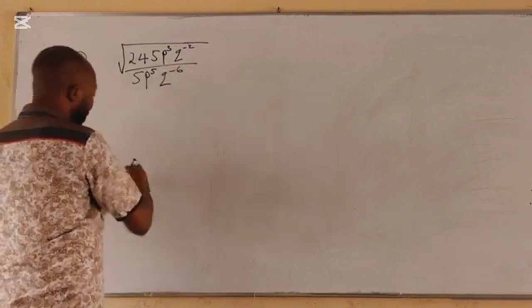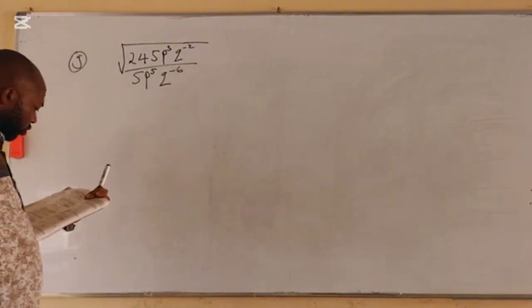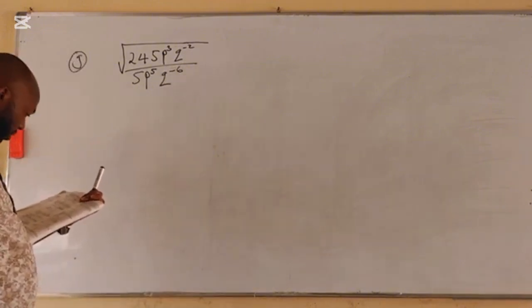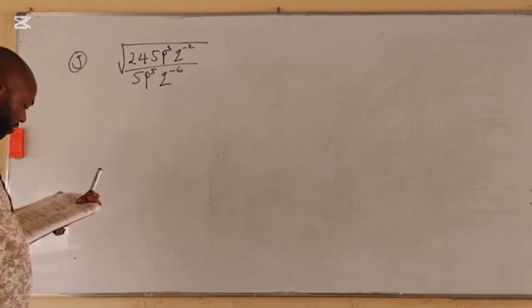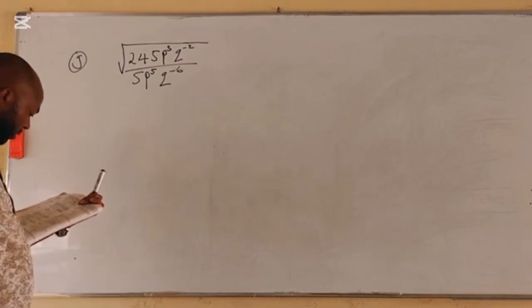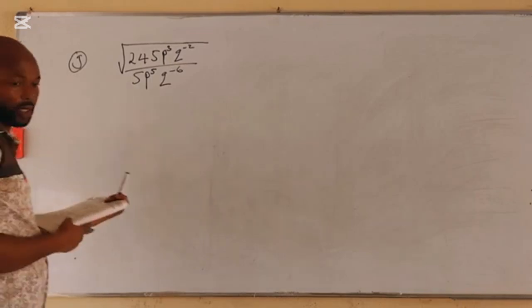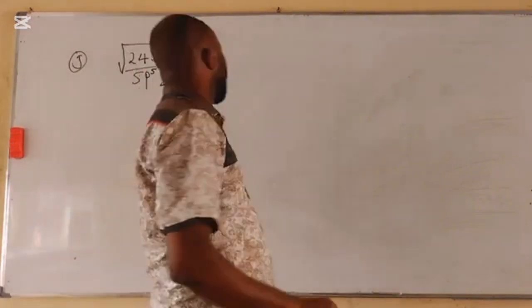Okay, let me cross check. 245 p cubed q minus 2 over 5 p raised to the power 5 q raised to the power minus 6. Okay, that's correct.